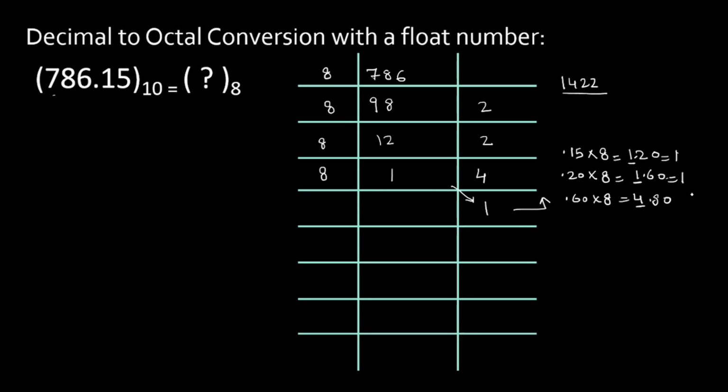So we'll take its integer part, that is 4, and to convert a decimal fraction into octal we have to move from top to bottom, not from bottom to top. So this will be 0.114. So the octal representation of the given decimal number would be 1422.114.